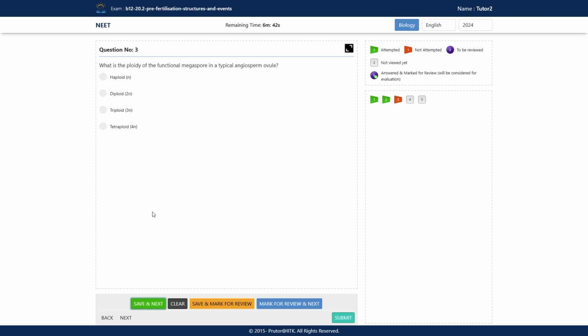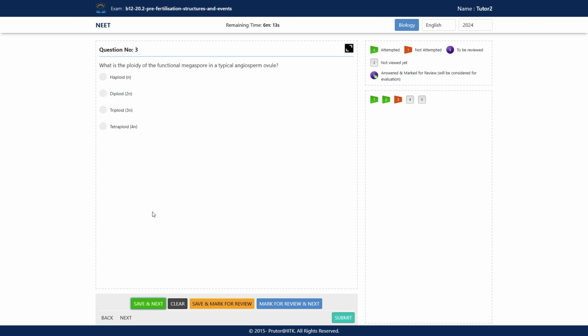Haploid N, diploid 2N, triploid 3N, and tetraploid 4N. Now this functional megaspore is formed by the division called reduction division or meiosis division.